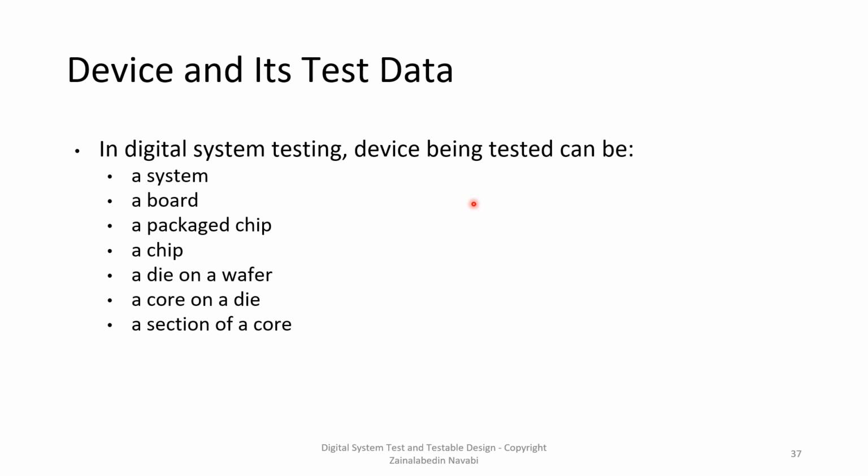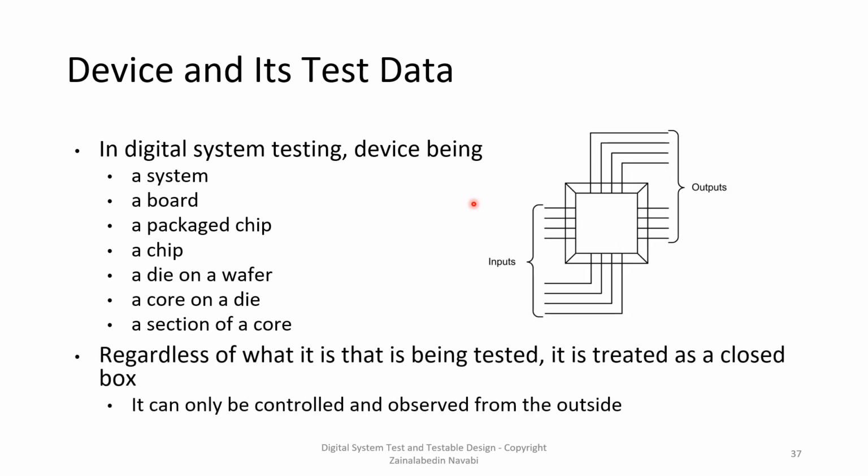When we talk about JTAG and TAP controller, we'll see if you can check that, but it's outside the syllabus. Whatever you test, you have to treat as a black box. I told you to take notes in the last class. Controllability and observability is very important, right? You are able to control and observe the device from outside the chip. That's extremely important, right?